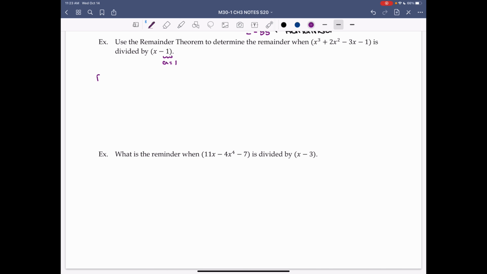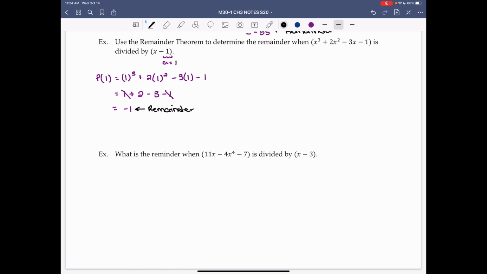Then we plug that into p, so p of 1 equals 1 to the power of 3 plus 2 times 1 squared minus 3 times 1 minus 1, which gives us 1 plus 2 minus 3 minus 1. 1 minus 1 adds to 0, 2 minus 3 is negative 1, telling us that our remainder, when we divide p of x by x minus 1, is negative 1.